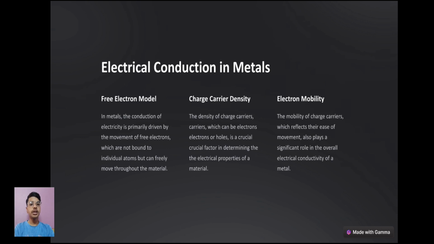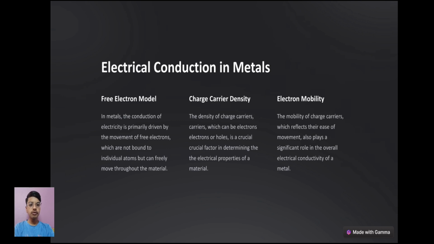Electrical conduction in metals. Free electron model, charge carrier density, electron mobility. First of all, free electron model. In metals, the conduction of electricity is primarily driven by the movement of free electrons, which are not bound to individual atoms but can freely move throughout the material.